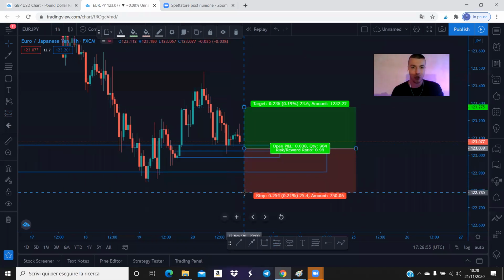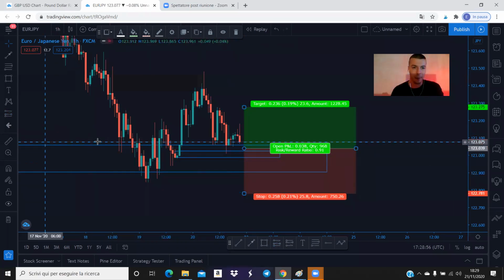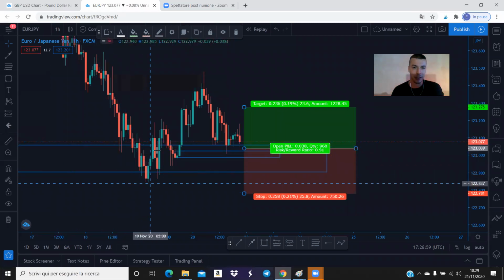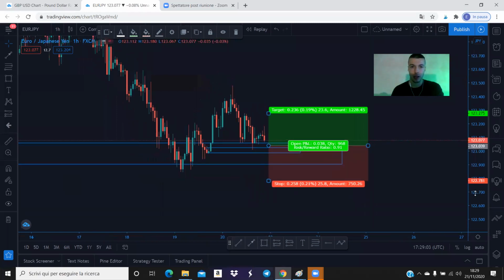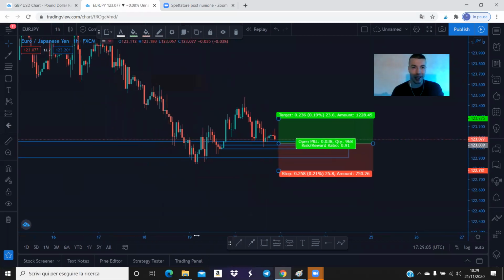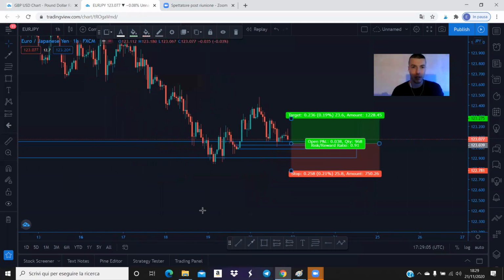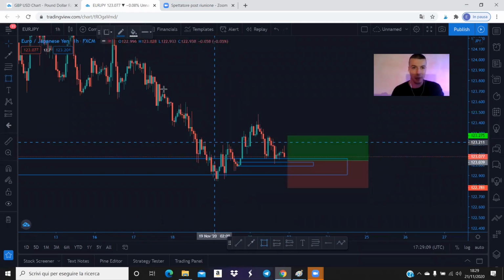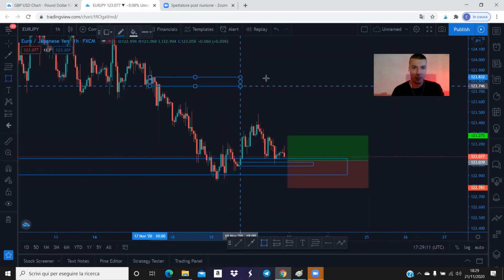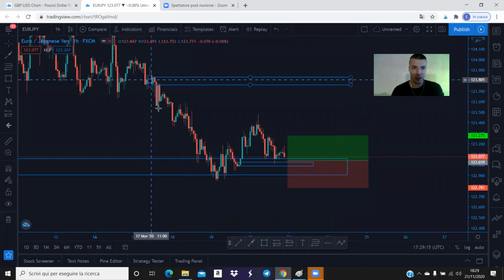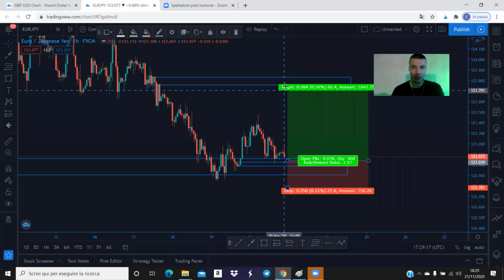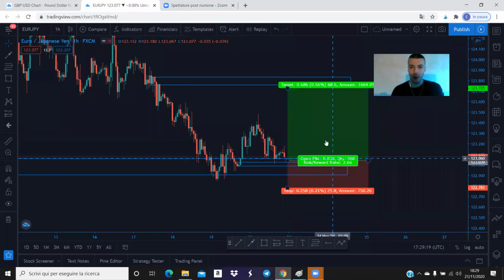Stop loss should be below the main demand. Take profit at the next supply, which is actually here. You see this big candle here to the downside. Take profit. Risk to reward is 1 to 2.6.